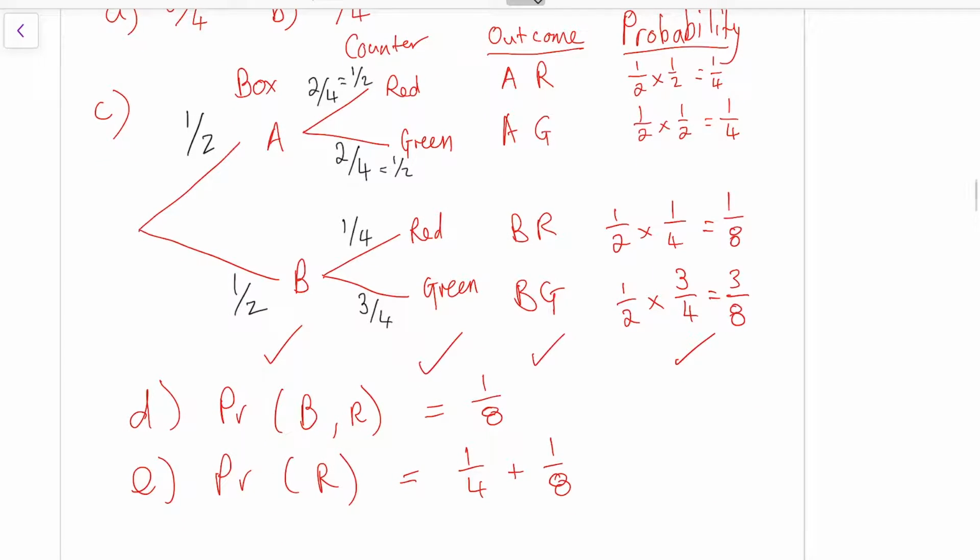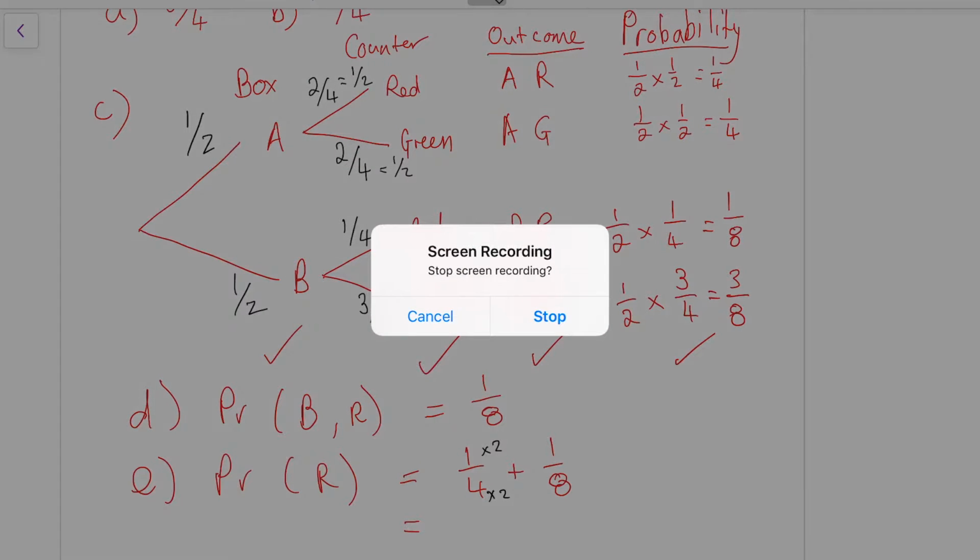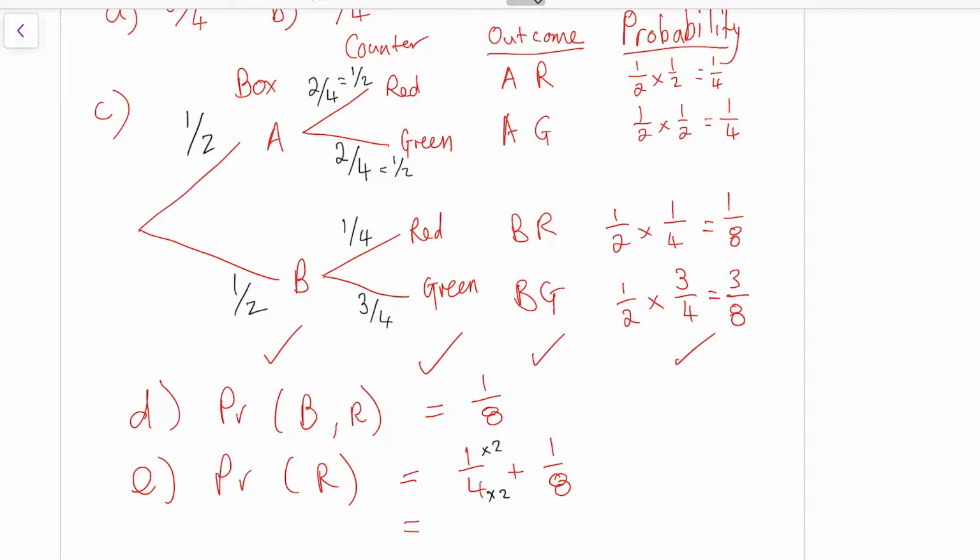All right, now I'm stretching your memories. We're now doing adding of fractions. When you add fractions together, they have to be the same denominator. So I'm just going to times this 4 by 2, and what you do to the bottom, you do to the top. So you end up with 2 over 8 plus 1 over 8.